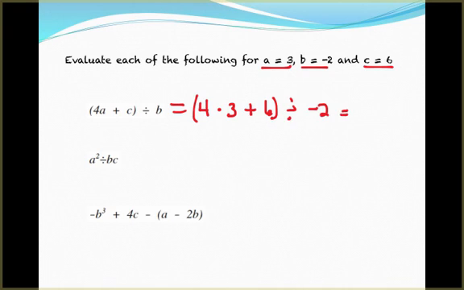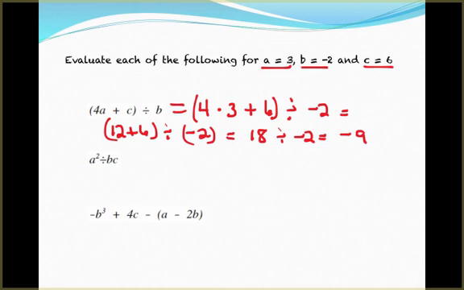Well, parentheses first. Inside the parentheses, we have multiplication. So 4 times 3 would be 12, plus 6, because that's in parentheses and is an operation. So that would be 18 divided by -2, which would be -9.